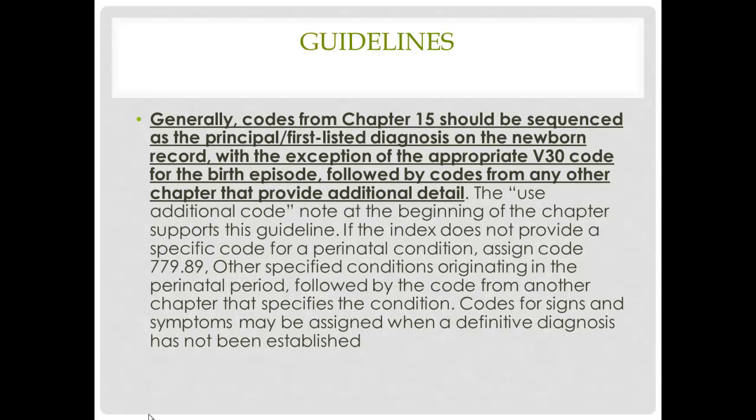V30 is 3 digits, and then your 4th digit should tell us where the baby was born. Was the baby born in the hospital, born before admission, or born outside of the hospital? Your 5th digit should tell us how the baby was delivered, with or without a C-section. So if a baby was born in the hospital vaginally, then the code would be V30.00.